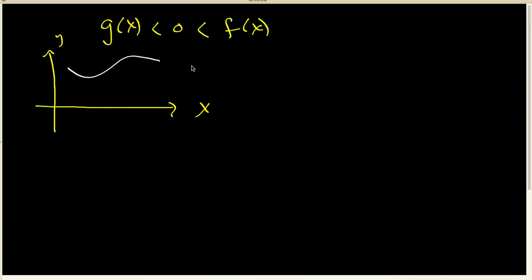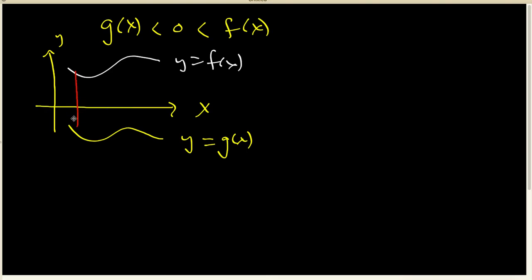F of x would be up here, and y is equal to g of x would be down here. And when I shade in the colors, let's see, actually let me get my endpoints. So there is a, and there is b.